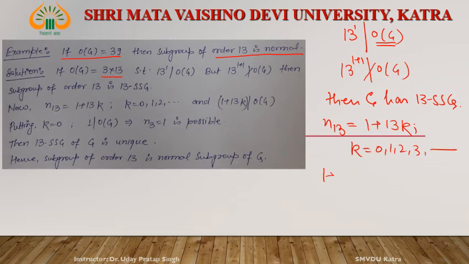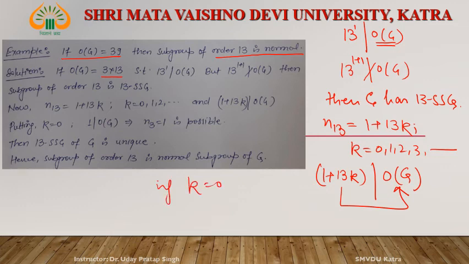Then the theorem says that 1 plus kp, meaning 1 plus 13k, divides order of G. This divides order of G only when k is equal to 0. And if k is equal to 0, then what is n13? 1 plus 0, that is 1.